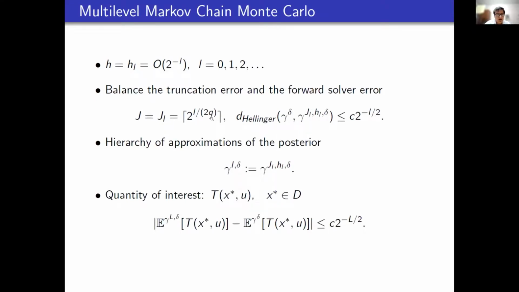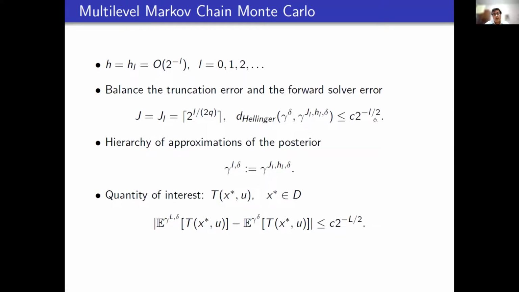When you choose J_L like here, you can see that the two terms on the right-hand side are the same. So the Hellinger distance between the approximated posterior, which we can find, and the posterior that we want to find is bounded by 2 to the minus L by 2.